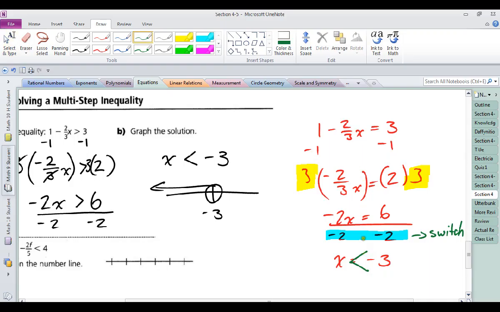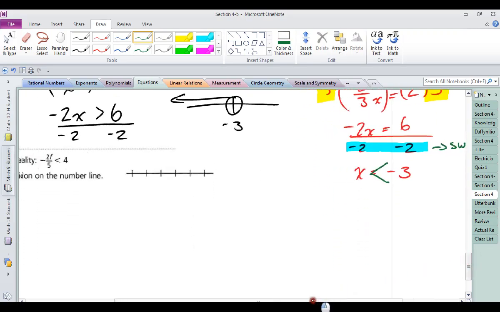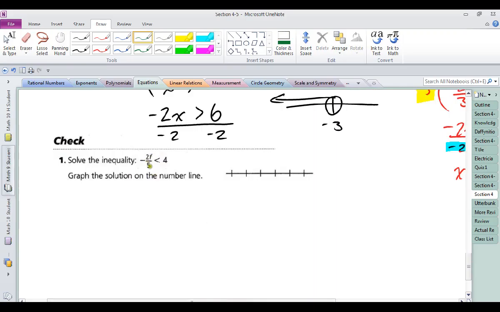If you wish to do it that way, go ahead. Make it an equality, do all the work, and then check at the end if you did anything that changes it. And what is the only thing that changes it? Multiplying or dividing by a negative number. So you guys should all be able to do this by yourself.